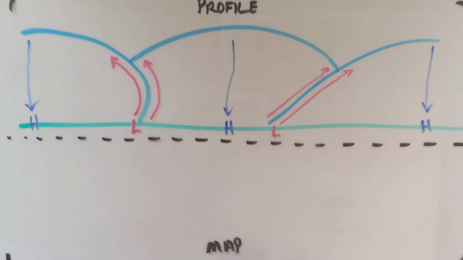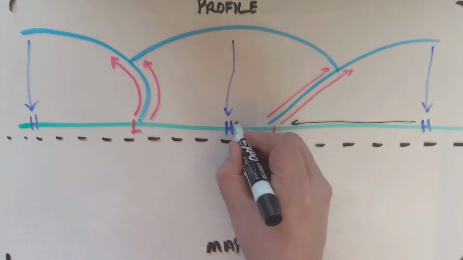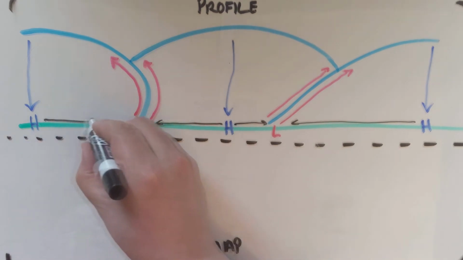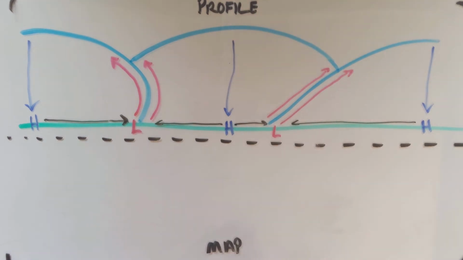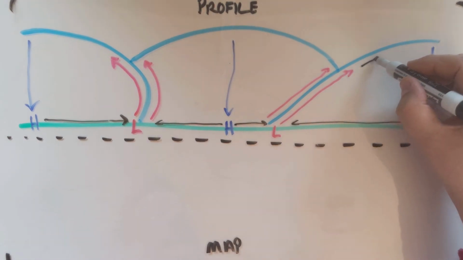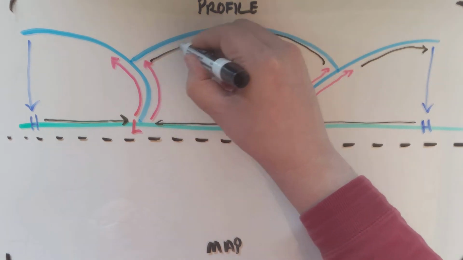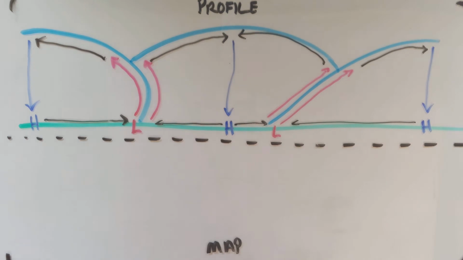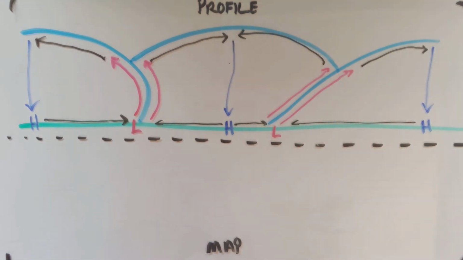Along the surface, the winds are going from high to low, from high to low, and from high to low. And of course, at the very top, our convection cell finishes off by having the air complete the entire cycle. So each one of these loops is called a convection current or a convection cell.